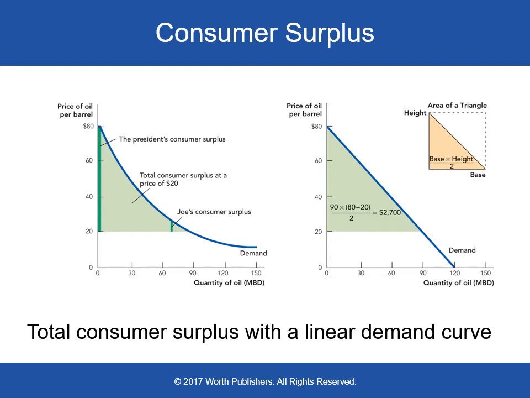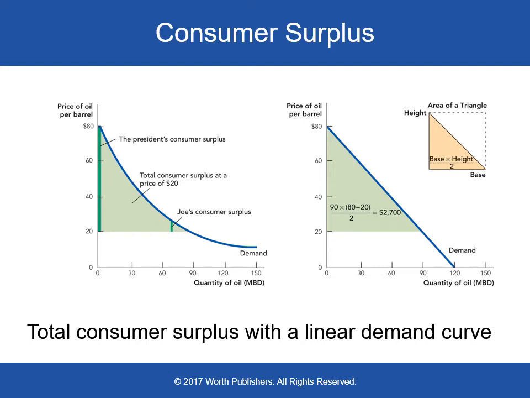Let's assume it's just a straight line. This is to make the algebra easy. And as that line goes down, you can calculate the total consumer surplus, the total net gain for everybody in society, by adding up all the green rectangles that you can imagine would exist.